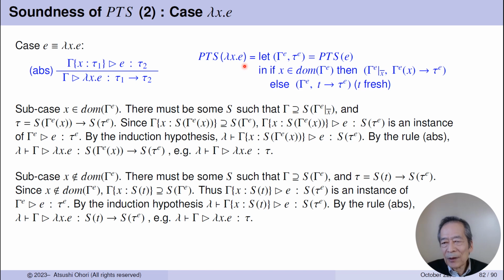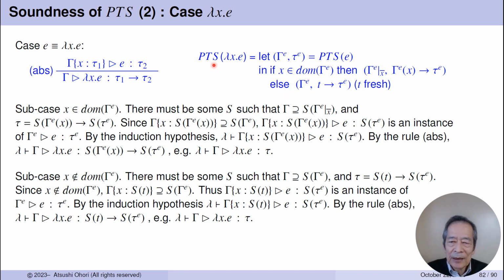So remember that we assumed that PTS succeeds with some typing. And then we picked the arbitrary instance, and that is the object we are reasoning about now.